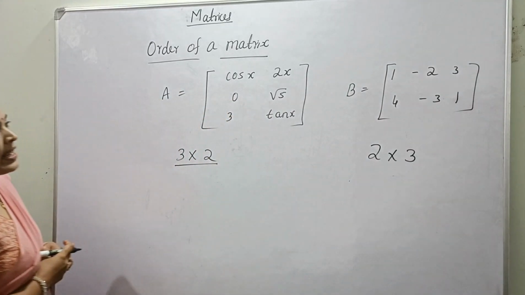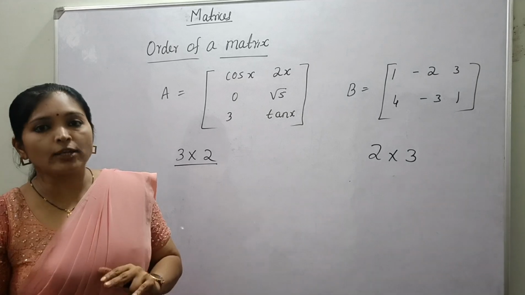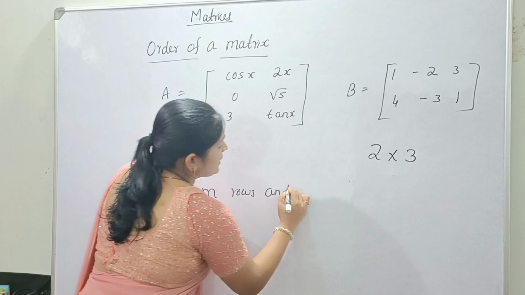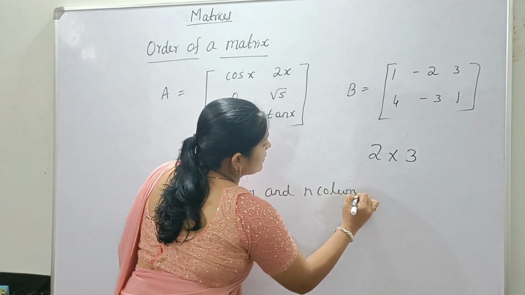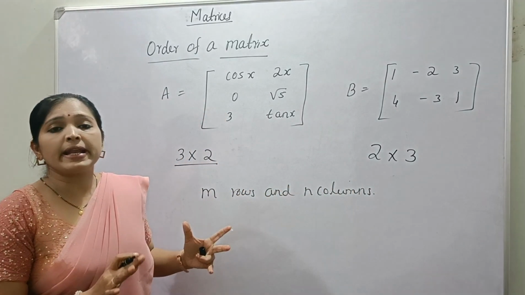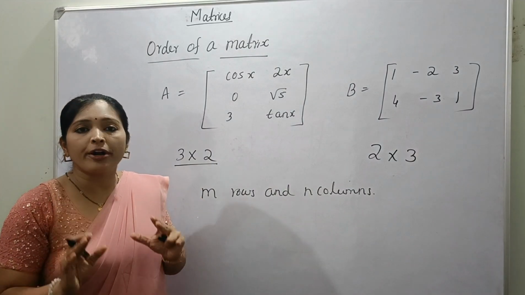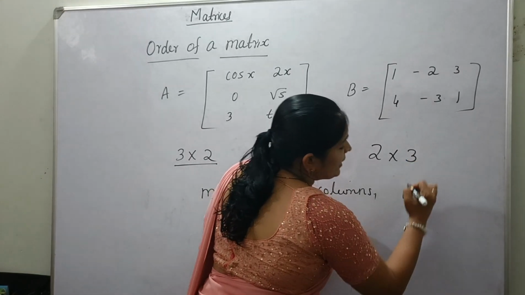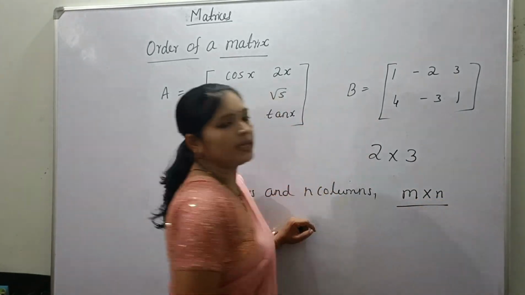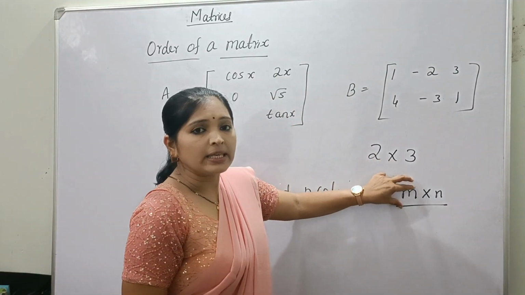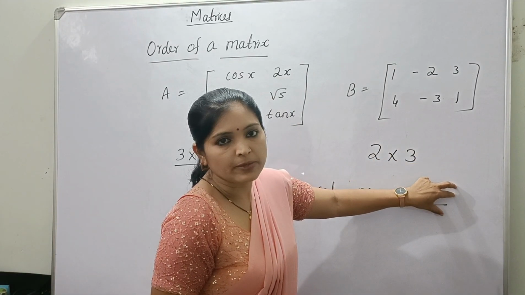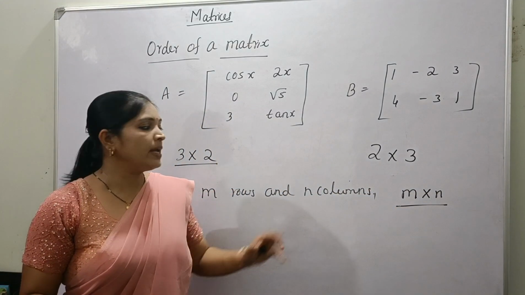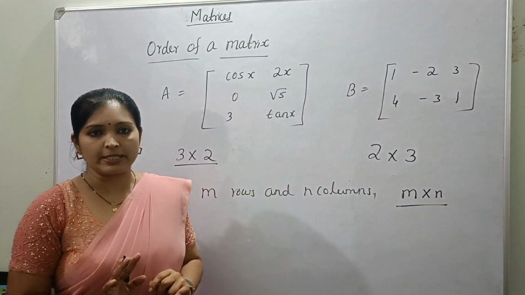So generally we can say a matrix having m rows and n columns is called a matrix of order m by n. It has m rows and n columns, and it has m into n, that is mn, elements.